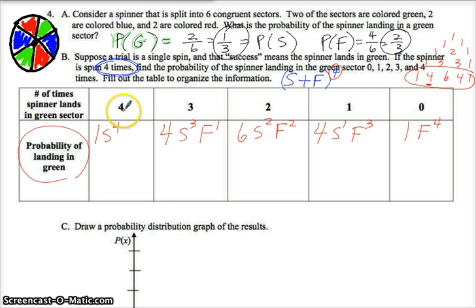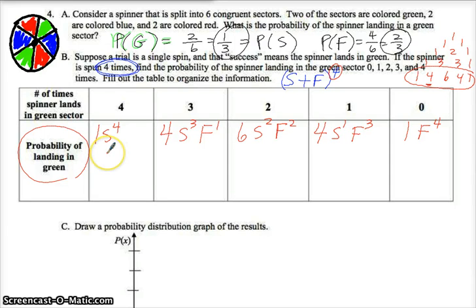So the probability that we would get the success 4 times, the spinner would land in the green 4 times in a row, 3 times, 2 times, 1 time, 0 times. So now you just plug in the information to get your decimal equivalent.